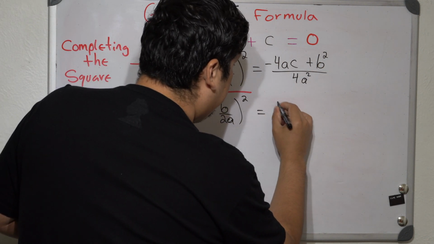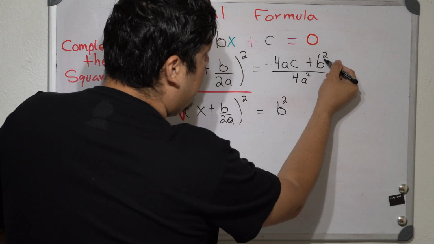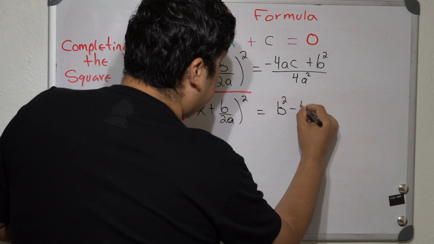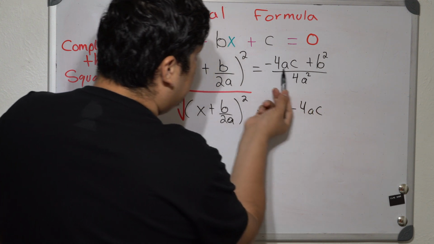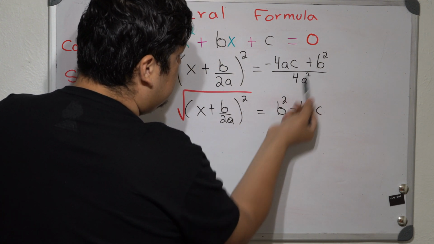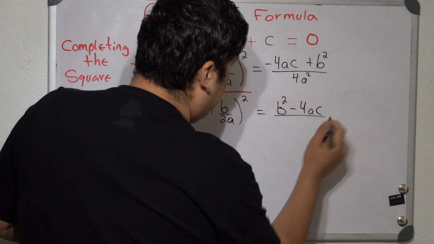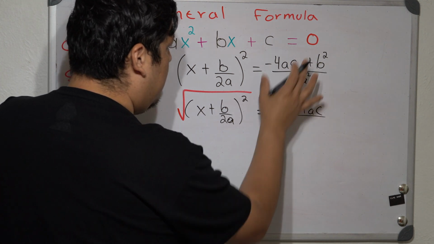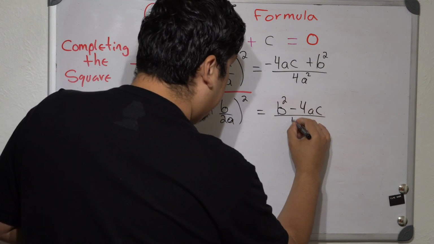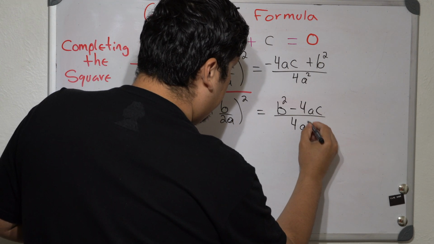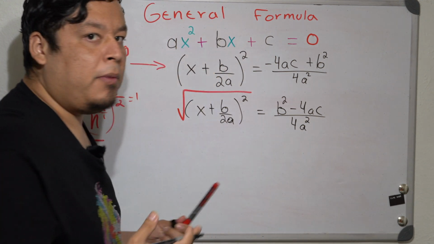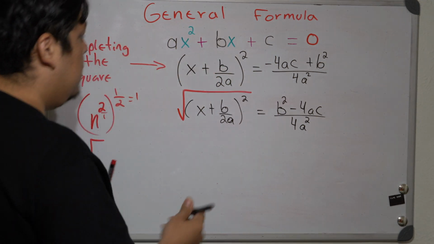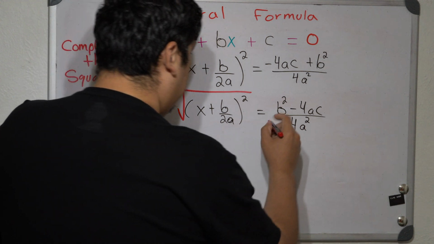So they simply say b squared minus 4ac. You see that it's a minus. This is a plus. So all I did is I rewrote the numerator in a more general format that we use in math. So take the square root.